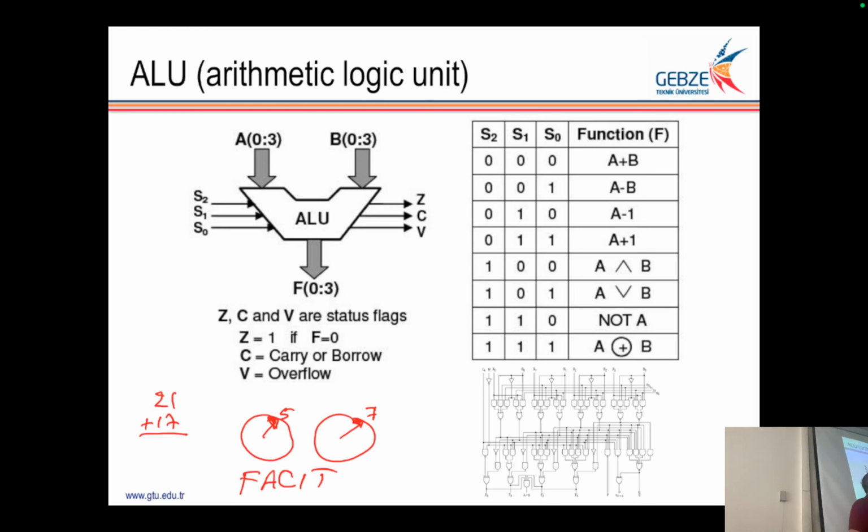How? Because multiplication means 5 times 6. You add 6 onto itself 5 times: 6, 6, 6, 6, 6. That means 5 times 6. So that machine was able to do that too. There was a reverse counter for the multiplication.